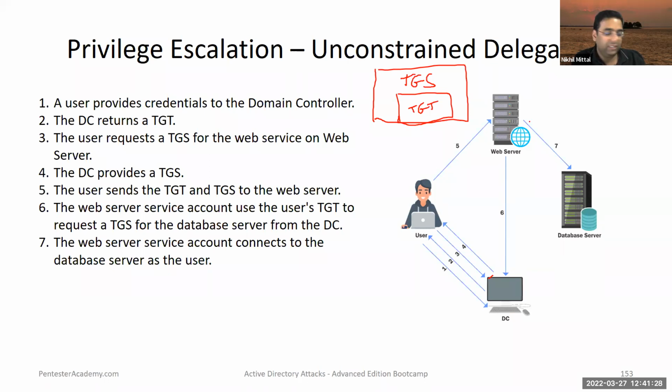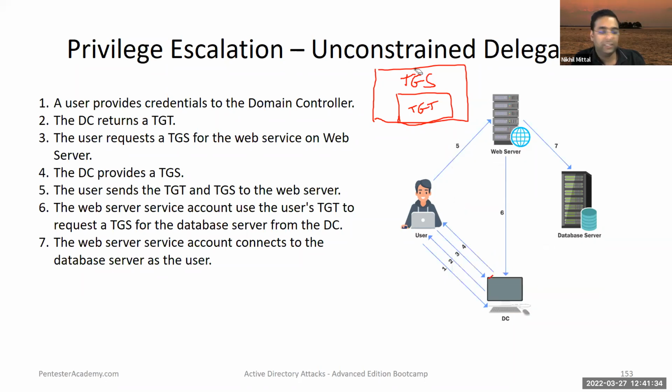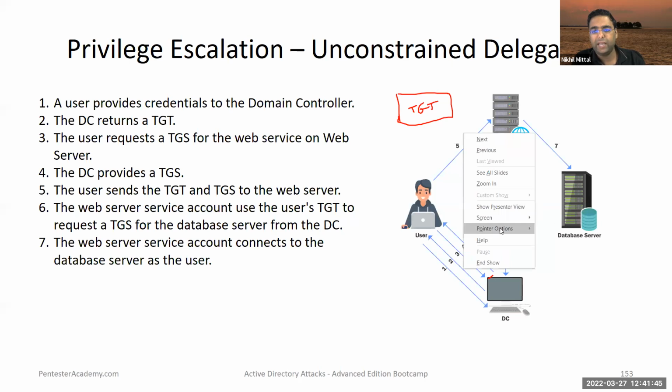Can the user decrypt the TGS? No. Can the web server decrypt the TGS? Yes, because the TGS is encrypted using the web server service account. So it decrypts the TGS, and now the web server has access to the user's TGT.